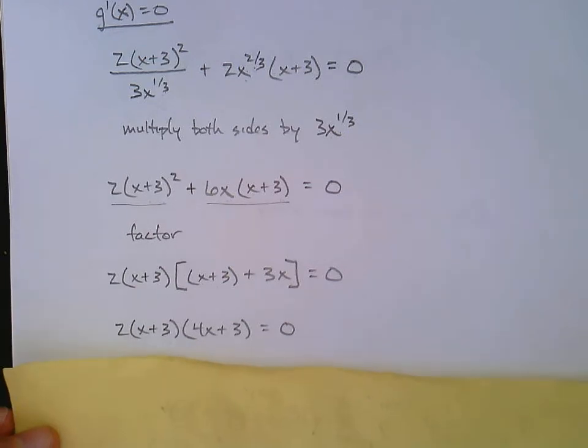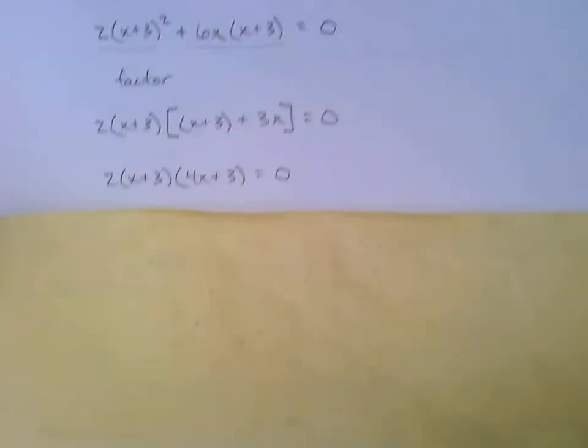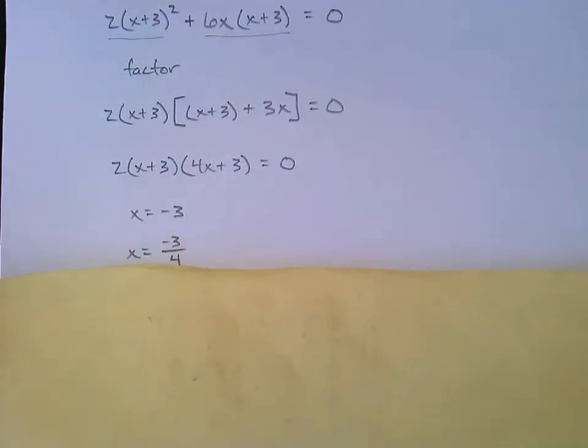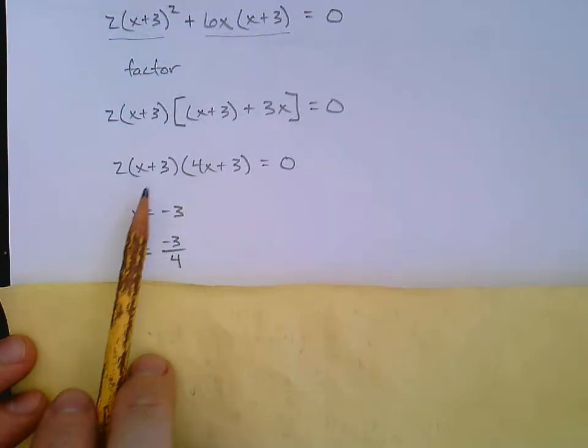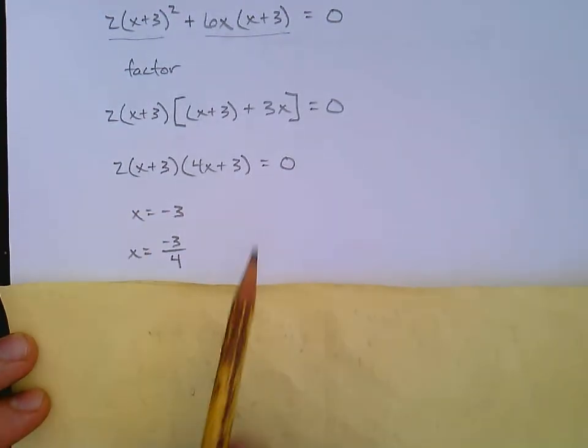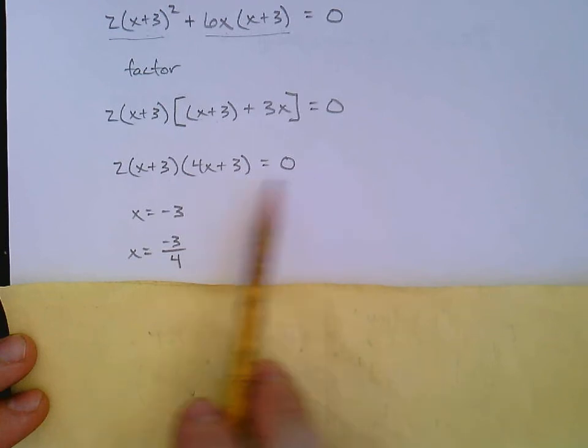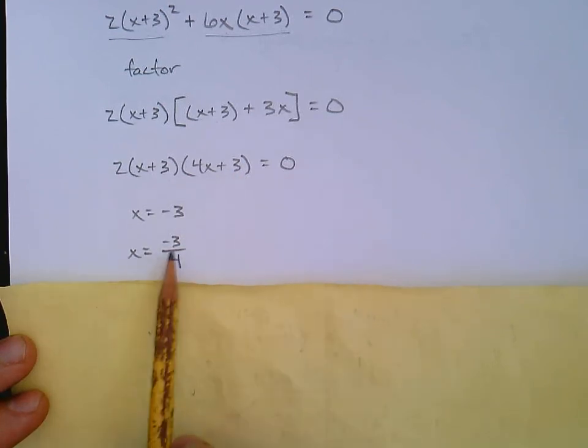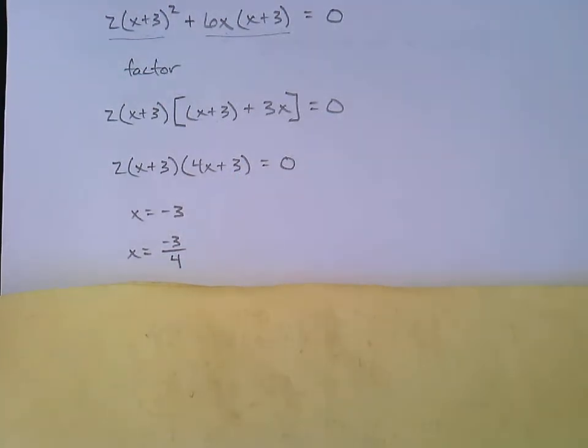Hey, I can get my solutions of x right here. The x plus 3, of course, gives me x equals negative 3. The 4x plus 3, well, if it's equal to 0, subtract 3, divide by 4, x equals negative 3/4. Yes! Be wise in your solving.